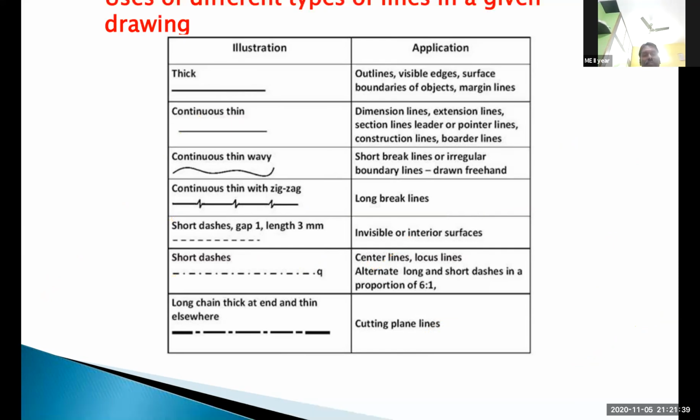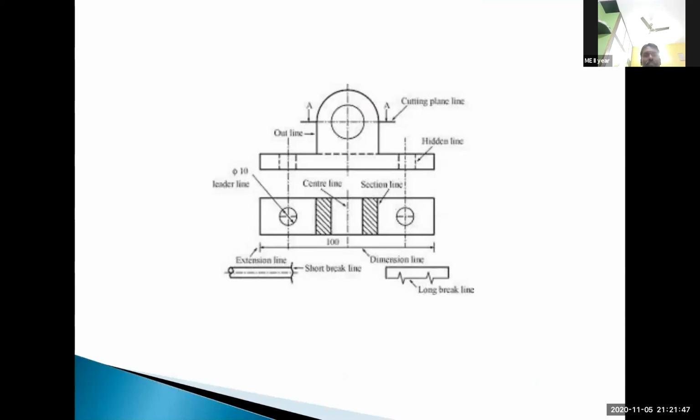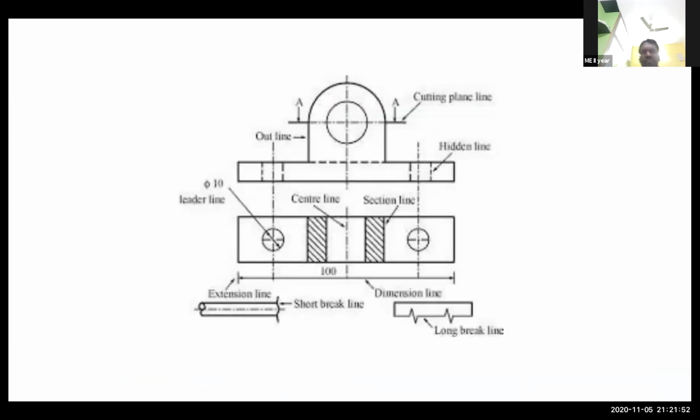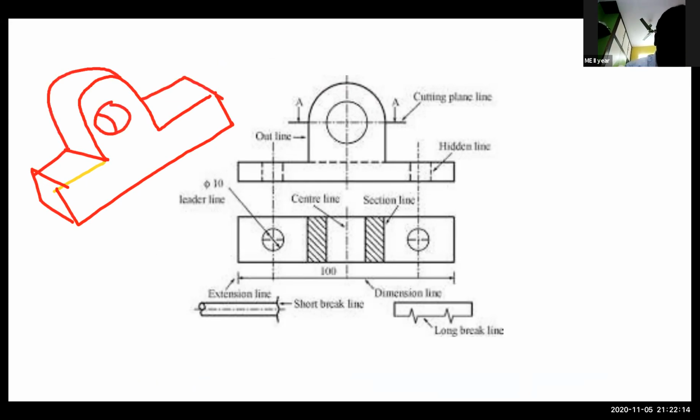So in a drawing, one has to represent various things. I will explain. Here one component is there, and it has a hole here.